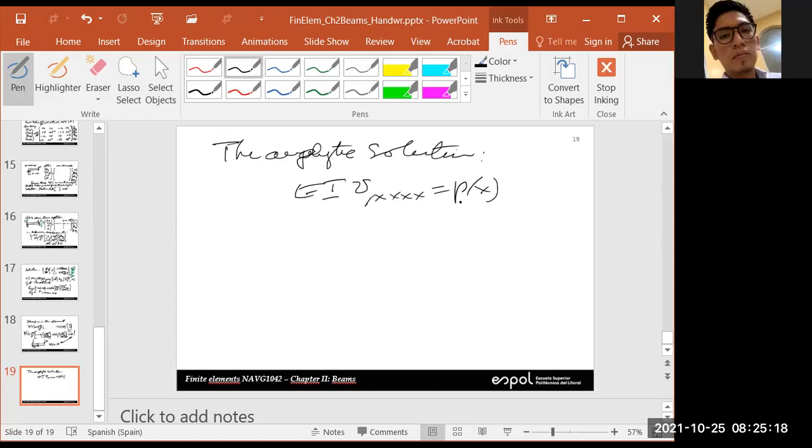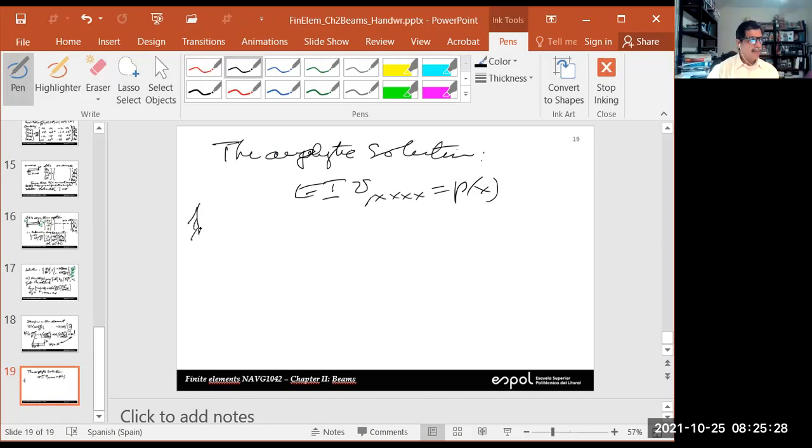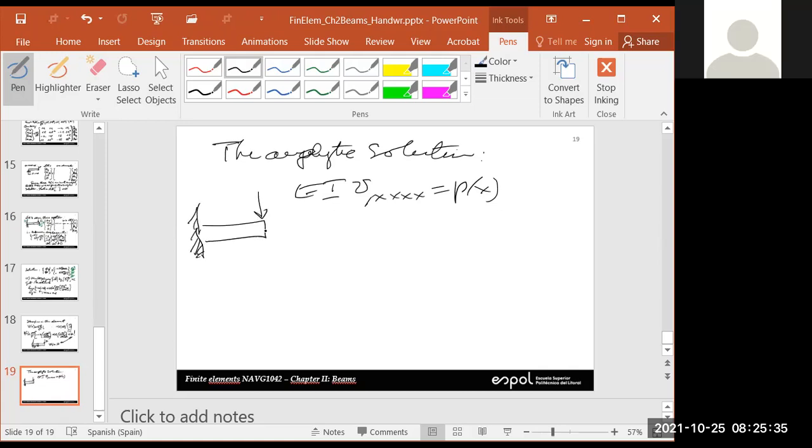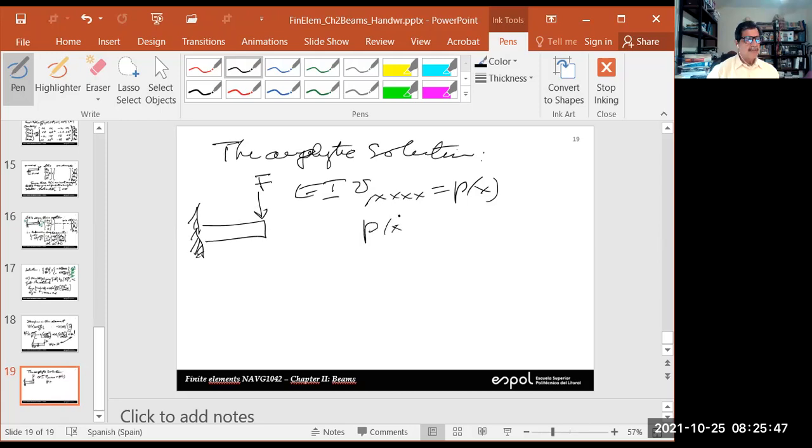Ms. Kumbe, what is this? F. Yeah, but what is in this problem? In this problem, this is the problem that we're solving. F. No, no, 0, because F is in the boundary. So in this case, P of X is exactly 0, as somebody said.